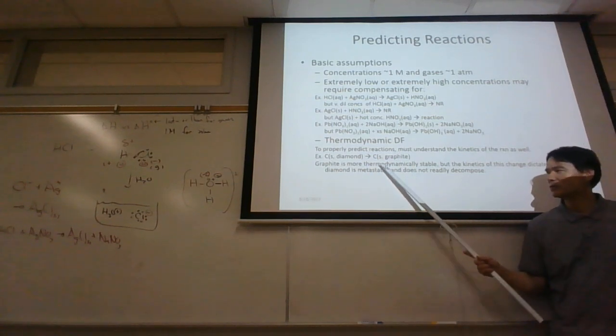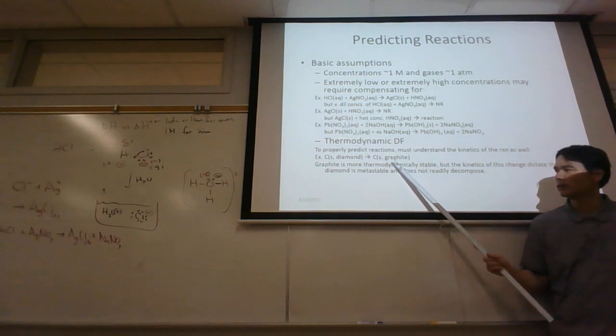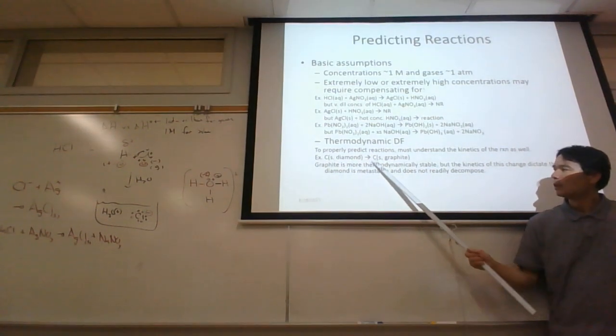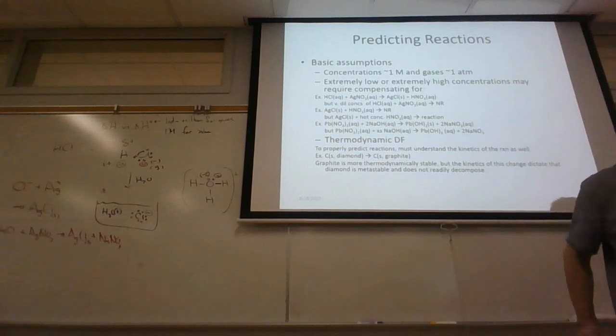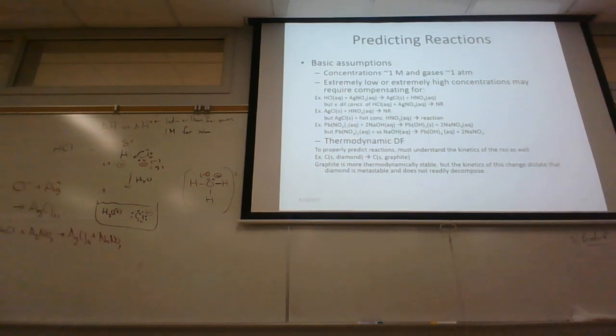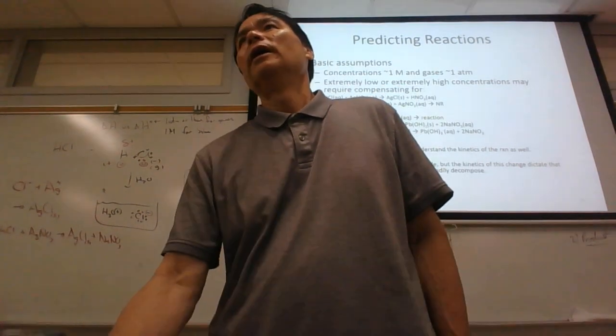And that's because of something called activation energy, which we'll talk about when we get to chapter 20, I think, or 19. No, 20. So for example, do you guys have the 11th edition or the 10th edition of Petrucci? It depends on the edition.